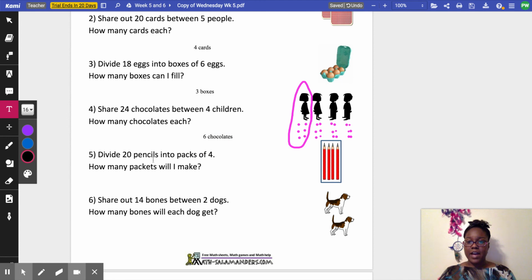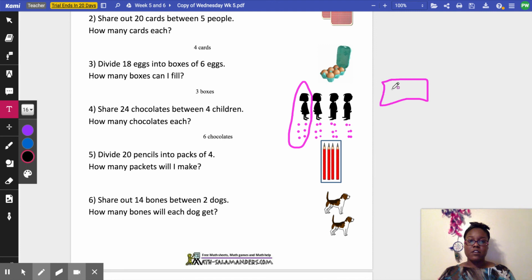Moving on to number 5. Divide 20 pencils into packs of 4. That means that every time I have a pack, it's going to have 4 pencils. Okay? So I've got 20 pencils, and I know to fill in 1 box, it's got 4.